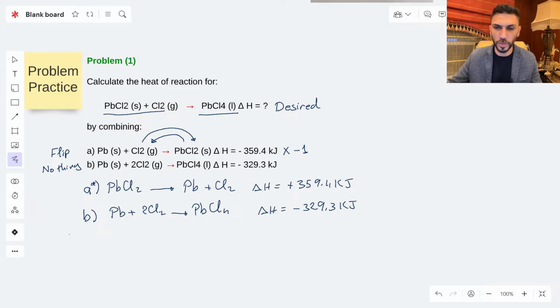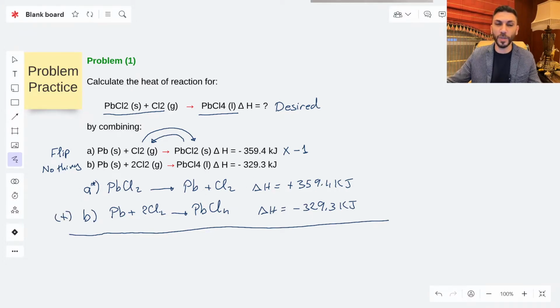Now, let's add reaction A star and B to check if we get the desired reaction or not. If we get it, that means our solution is correct. In the reactants, we have PbCl2, and we don't have any other PbCl2, so I'm going to write it as it is, PbCl2 in the reactant.